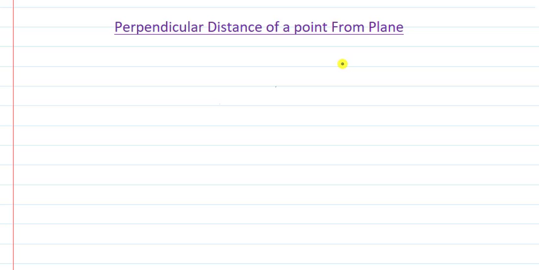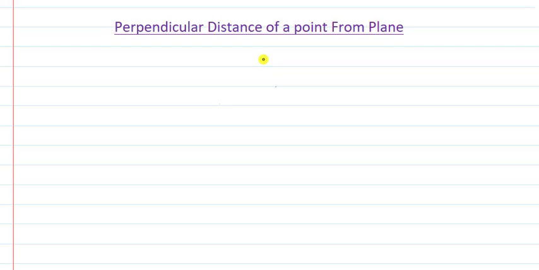In previous video, that is in part 4th of three-dimensional geometry, I have explained the same topic, which was distance of a point from plane. But there we found image and foot of perpendicular also with perpendicular distance. But if the question is to find out only perpendicular distance, then there is no need to go to that lengthy process.